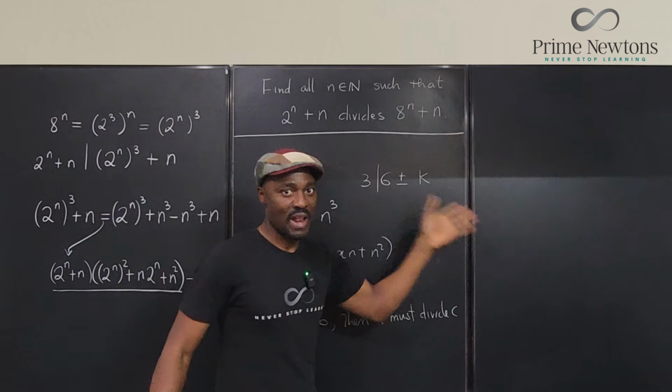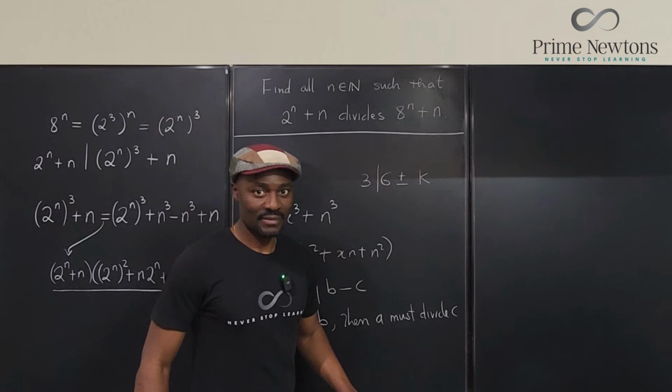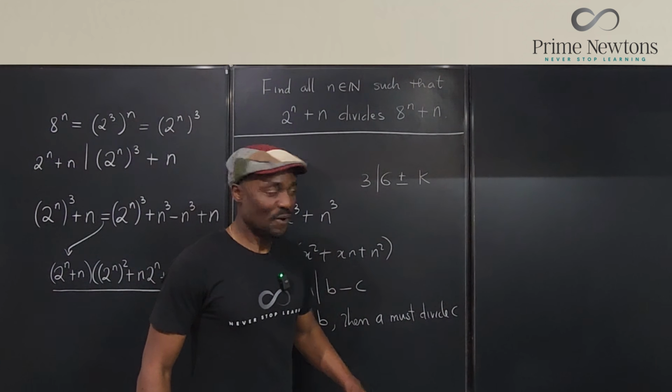Otherwise, whatever we said was not true. Okay? So, if 3 divides 6 plus or minus something, and we know 3 divides this, then 3 must divide this number also. So this number has got to be 0 or any multiple of 3. So that's the secret to it.